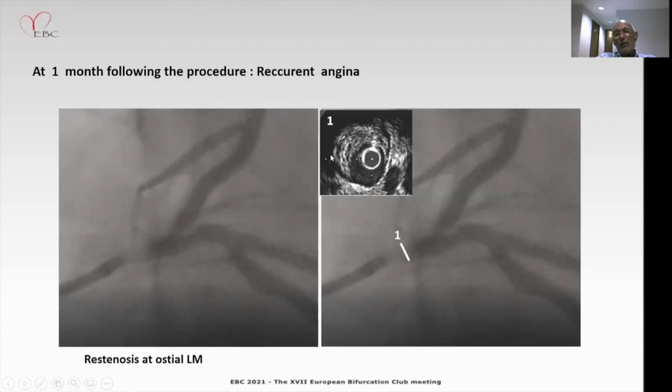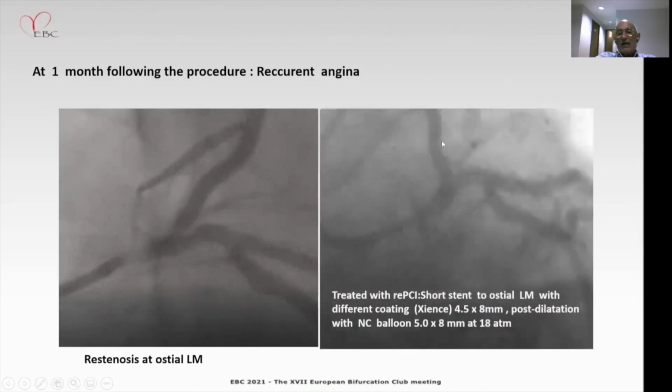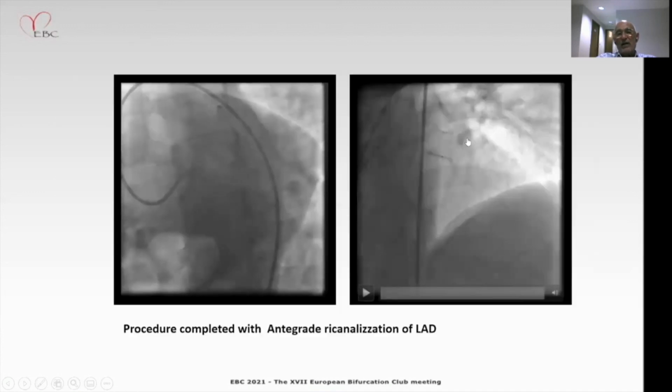There was only plaque with tight stenosis, and distal to this plaque, the stent was well apposed, well expanded, and not deformed. So this was treated with stenting on ostial left main with a short stent, 4.5 by 8 millimeters, deployed at 16 atmospheres, and post-expanded with a non-compliant balloon 5.0 at 18 atmospheres.